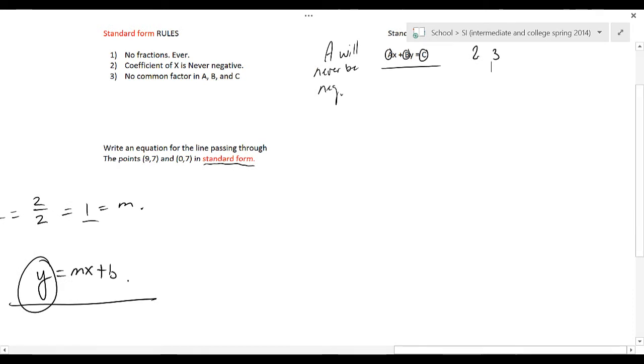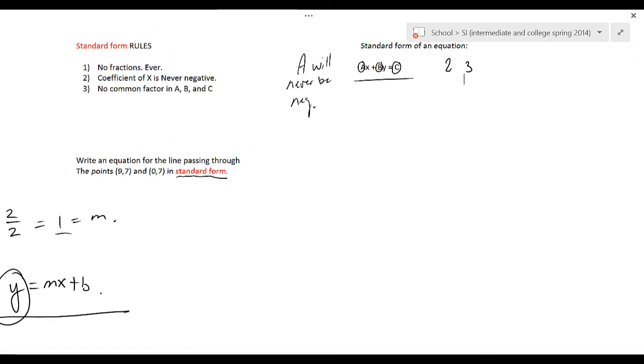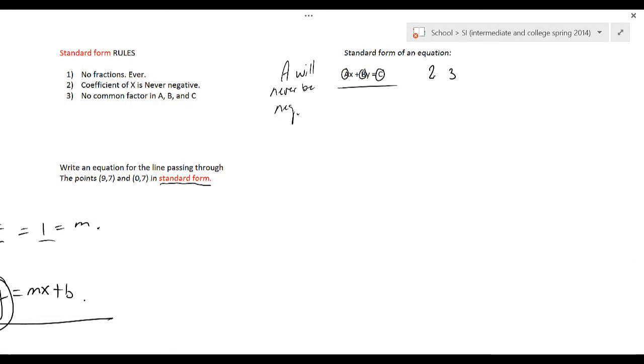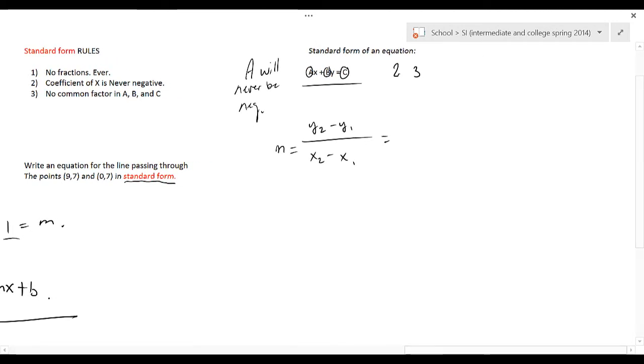Alright, let's go ahead and start with the information we already have. The points. Let's find our slope. M equals y2 minus y1 over x2 minus x1. Alright, so this is going to be my x1, y1, x2, y2.